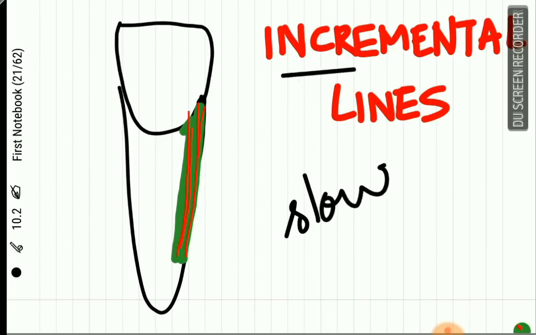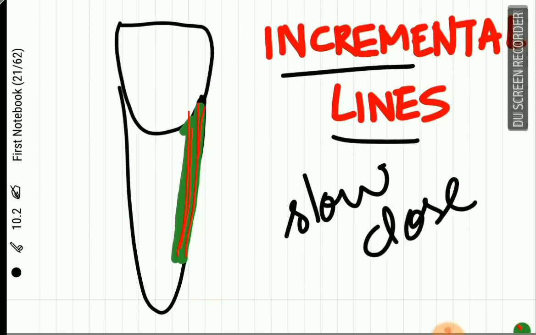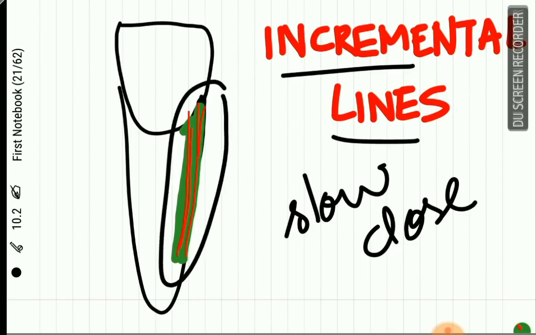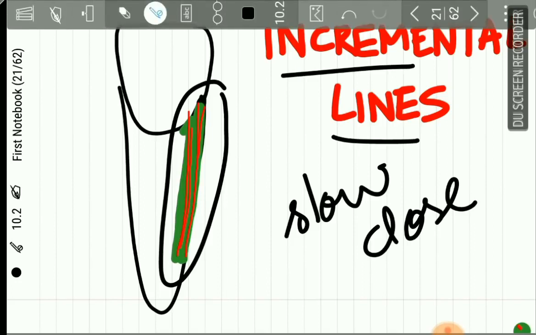So the incremental lines of the AEFC are very close to each other because of this slow rate of deposition. And these incremental lines run parallel to the surface as shown here. The red color incremental lines run parallel to the cementum surface.